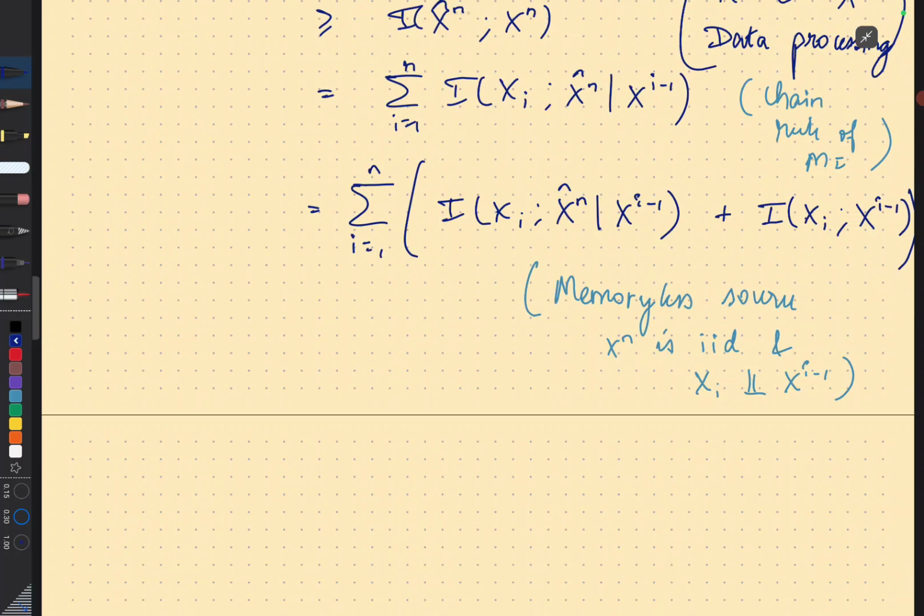All right. Now I'll again use the chain rule of mutual information, which says that mutual information between X and Y given Z plus mutual information between X and Z is equal to mutual information between X and YZ. So this is summation i equal to 1 to n of the mutual information between X_i and X^n hat, X_{i-1}.